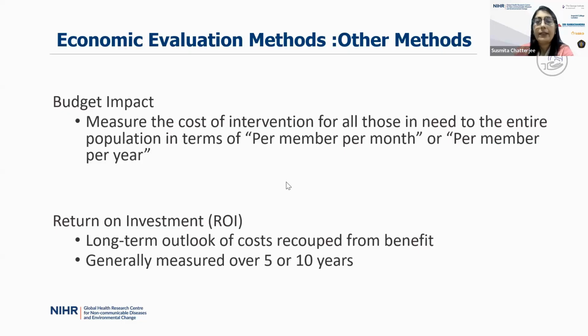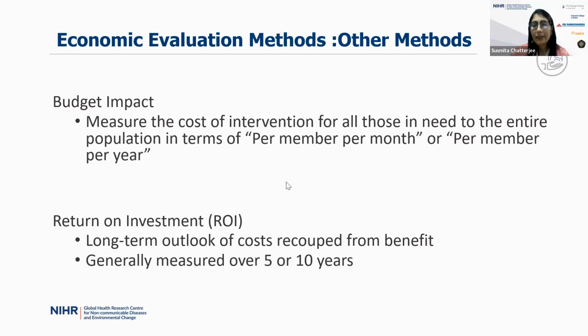What was its impact on the government budget? Out of the total government budget or health budget or immunization budget, wherever it fits, what proportion of my budget was spent for this purpose? That's budget impact analysis. Generally, this is done mostly for policy purposes.